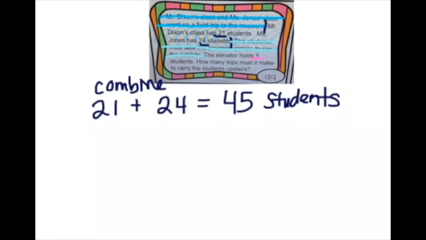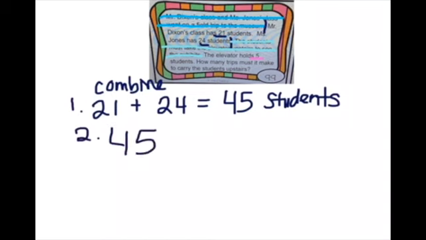Okay, so what I need to think about this time is that we had 45 students in step 1. And for step 2, I have 5. So we need to break that 45 down, because we know all 45 cannot fit in the elevator at once.